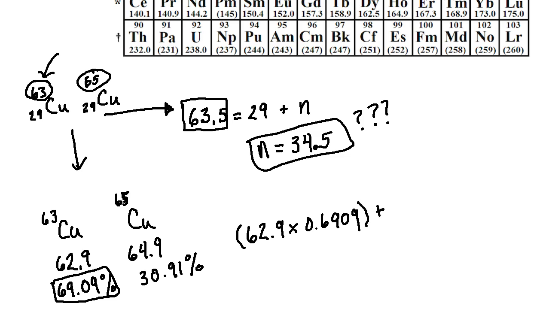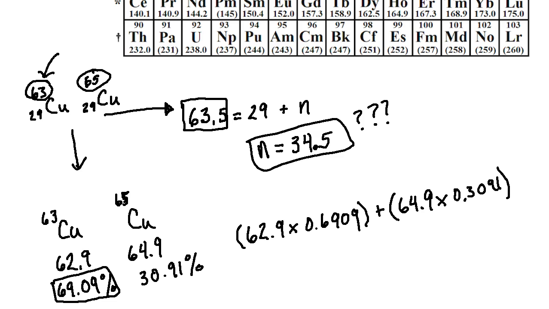And then in addition to that, because this is going to take about 70% of that value, I need to accomplish the full mass by adding in the other 30%. So I would say 64.9, right, times, and then I would do this one also as a decimal, 0.3091. All right, so there you go with that.